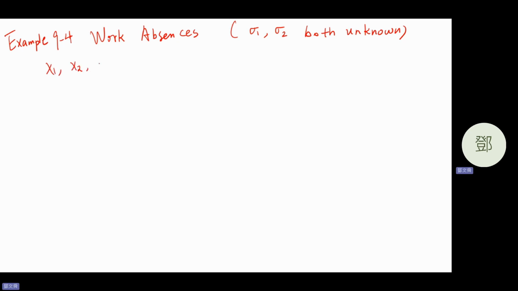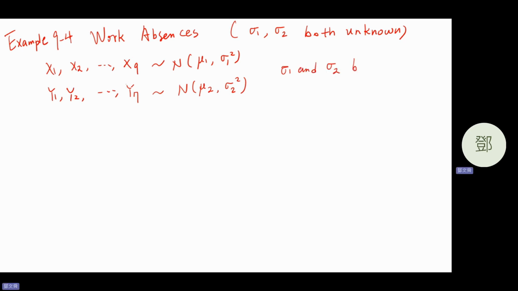X1, X2, all the way to X9 are from normal mu1, sigma 1 squared, and y1, y2, all the way to y7 are from normal mu2, sigma 2 squared, with sigma 1 and sigma 2 both unknown.